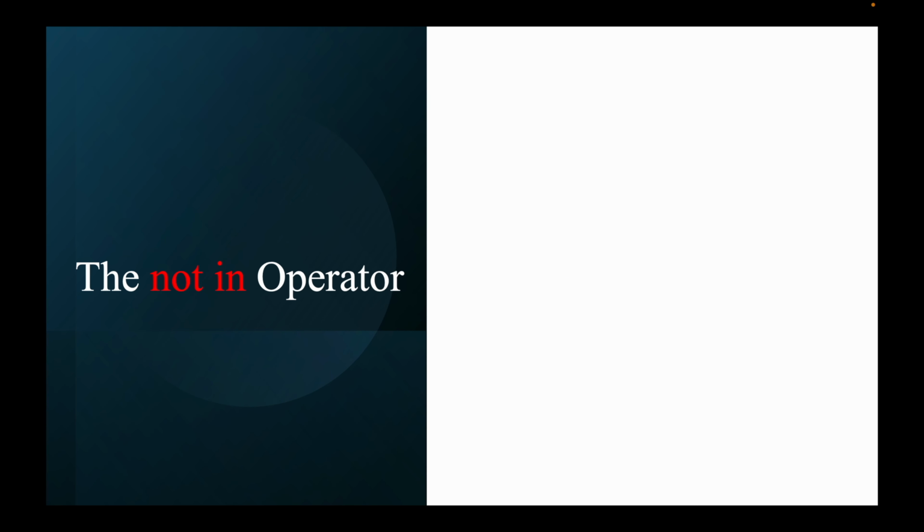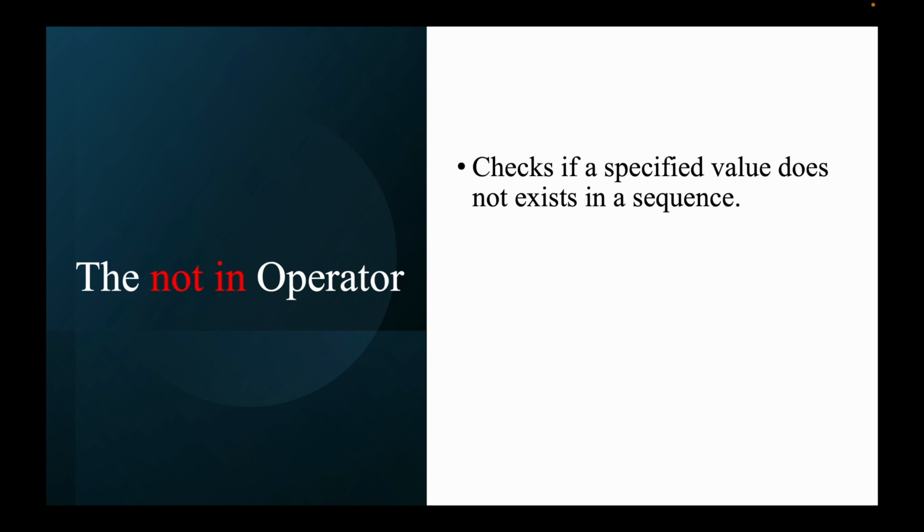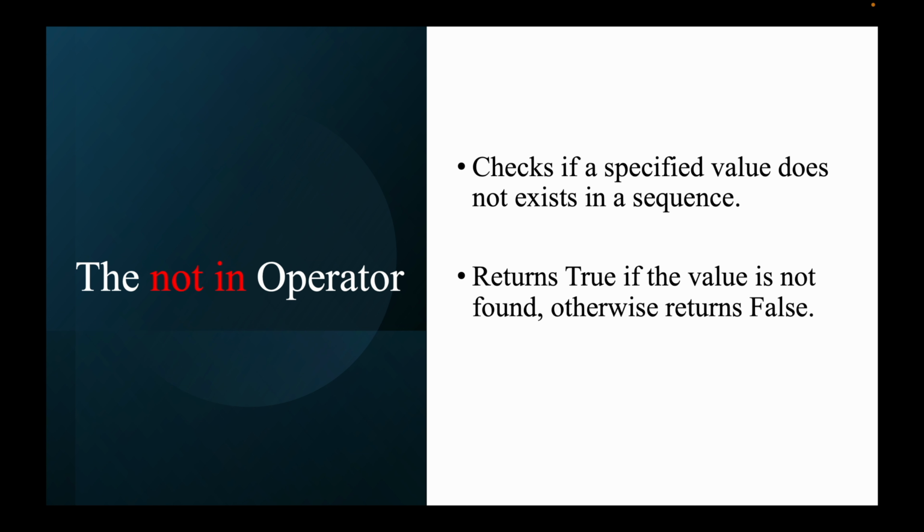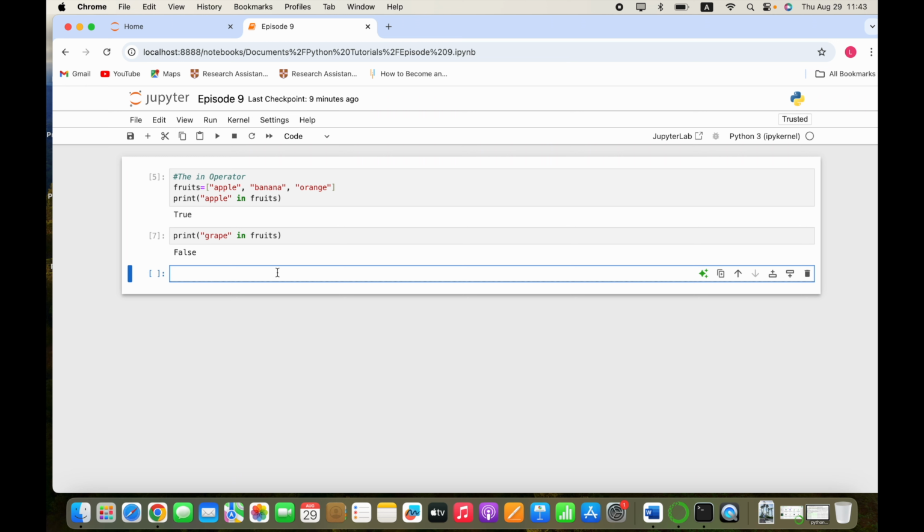The second one is not in operator, and it checks if a specified value does not exist in the sequence. Similarly, it returns true if the value is not found, otherwise it returns false. Let's open our Jupyter notebook and practice not in operator. Now let's see the not in operator.